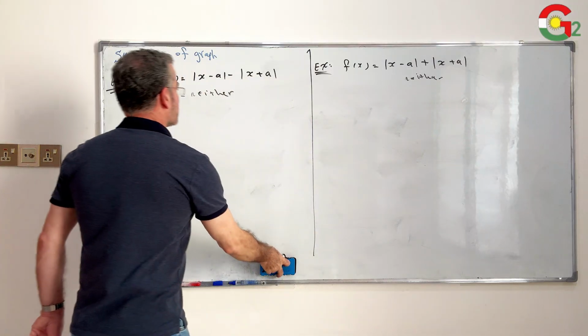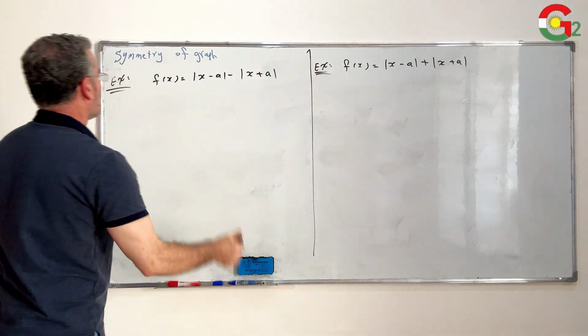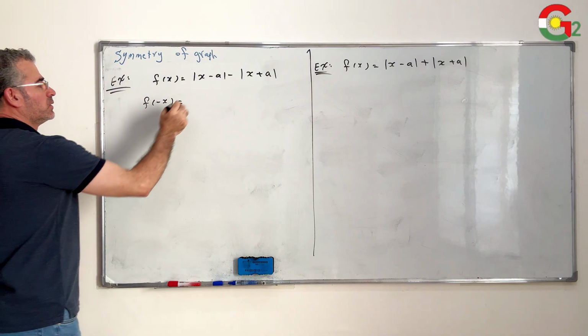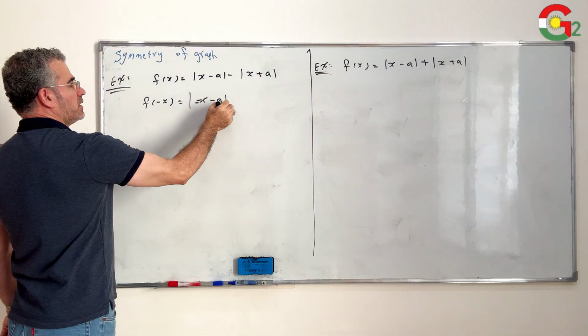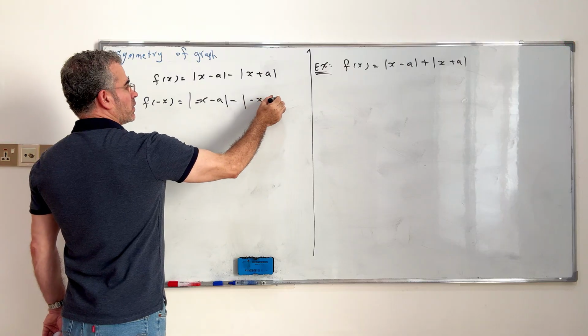But if we solve it mathematically, we will find f of minus x equals minus x minus a, minus absolute value of minus x plus a.